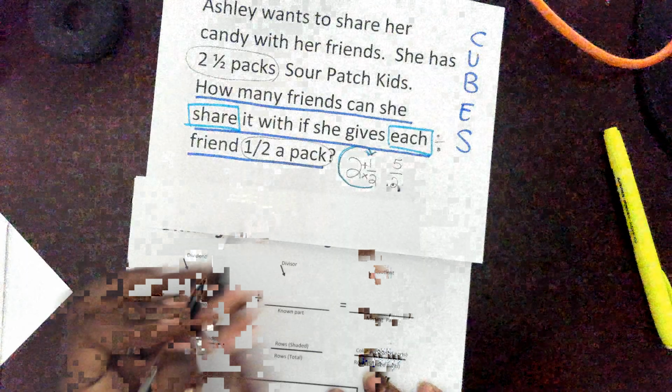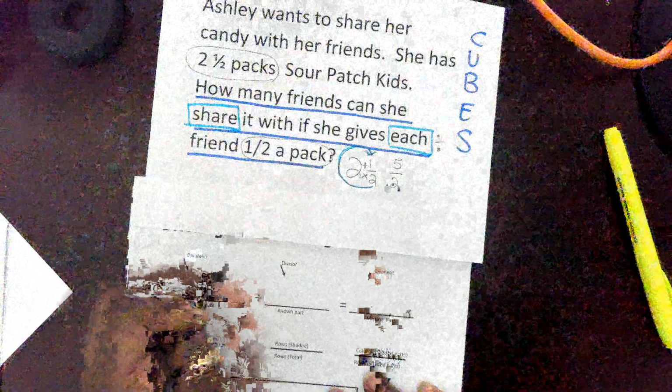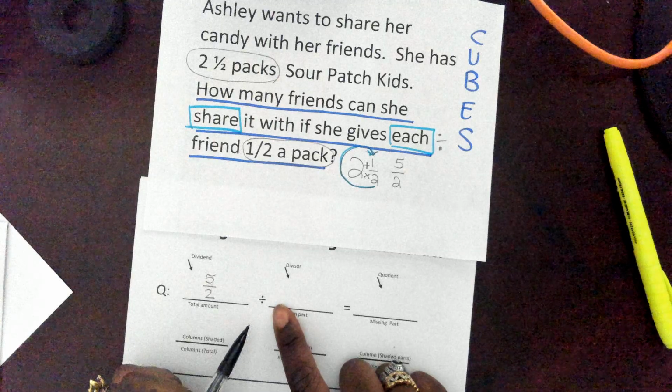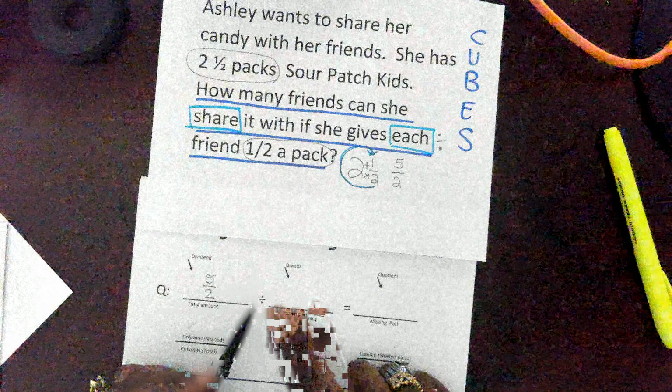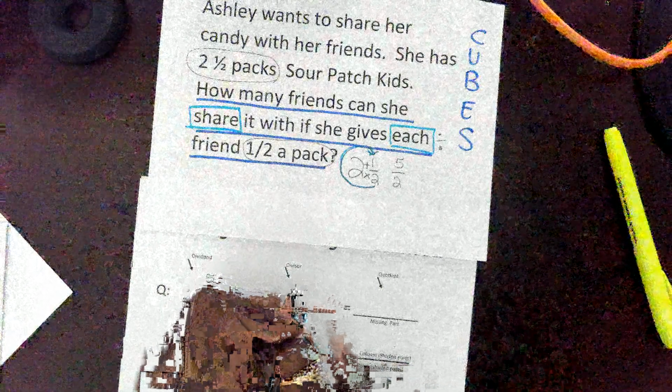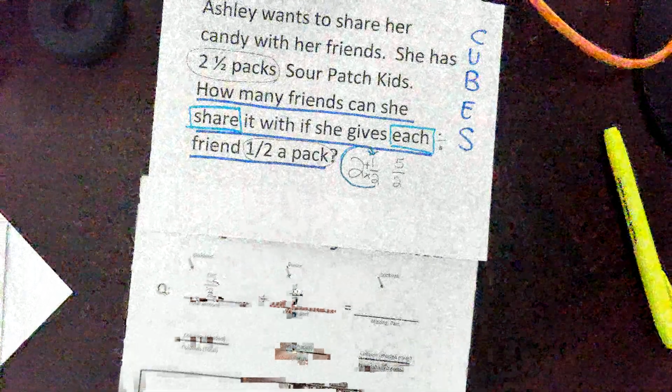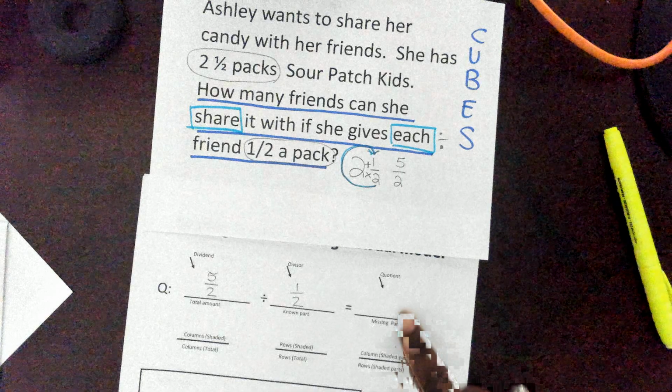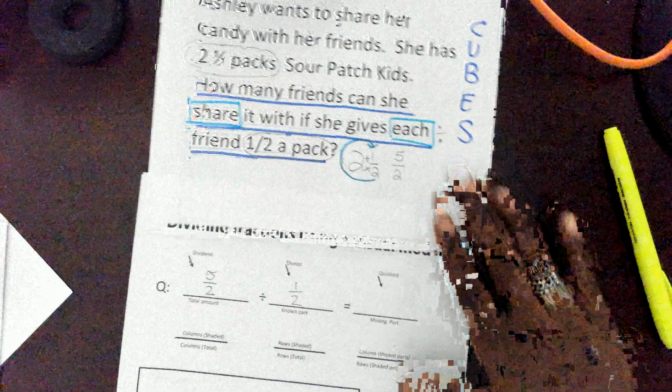In this case, we have 2.5 packs of candy, and that's our total amount that she's willing to share. So we're going to put our 2.5 packs here, which came out to 5 halves. And we are dividing that into half a pack each for each friend. Okay, and so we're going to try to find the quotient, the missing part.